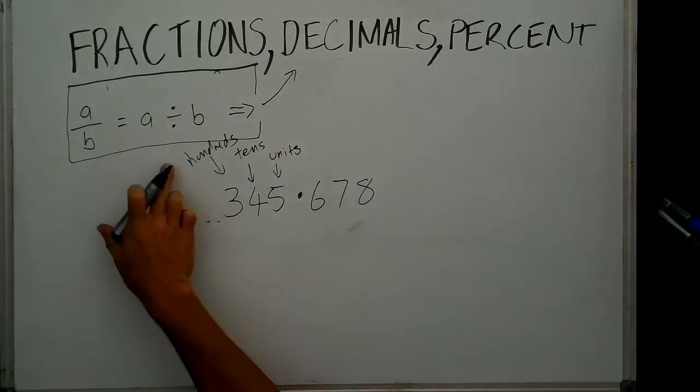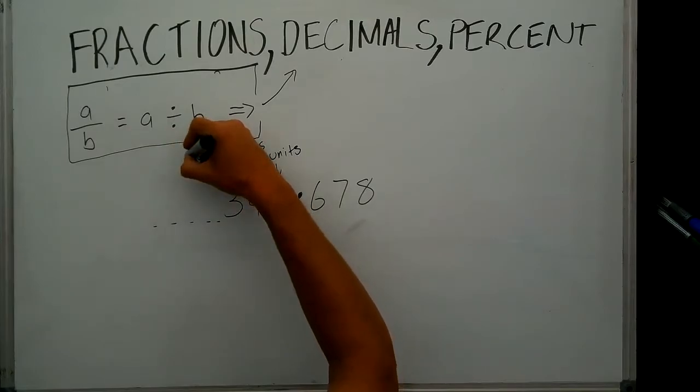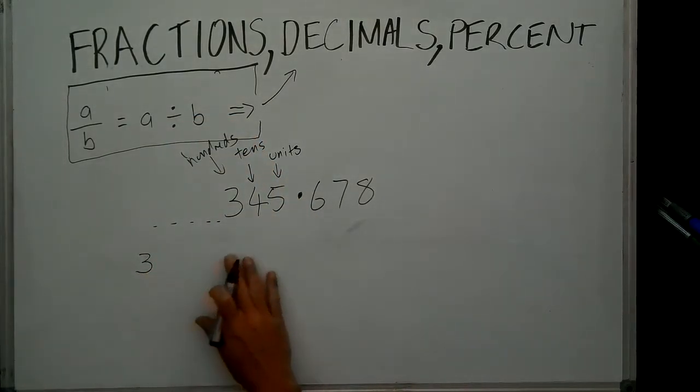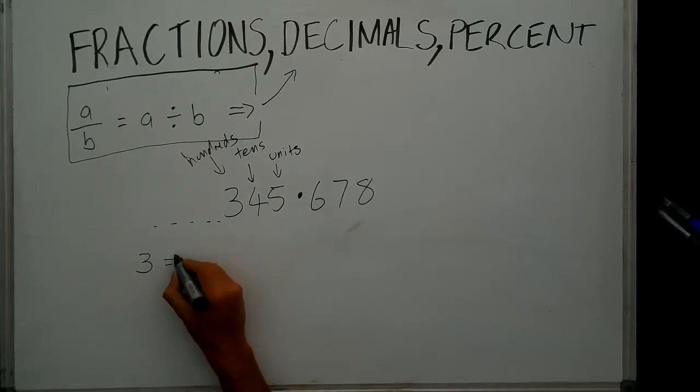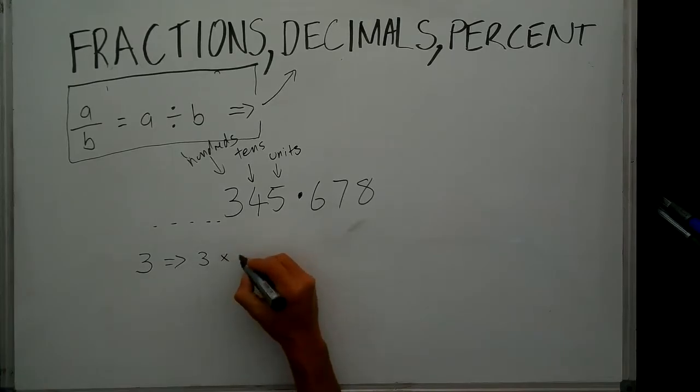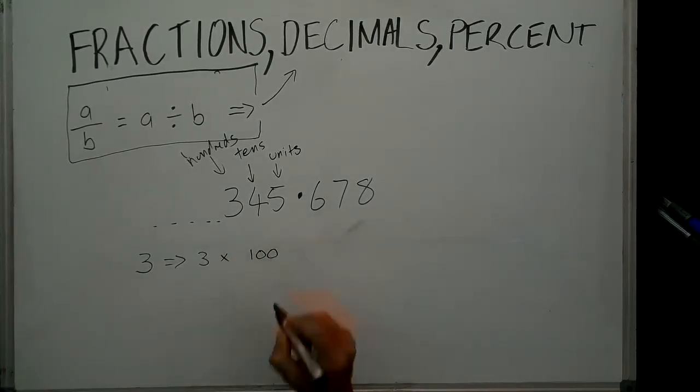So essentially what that means is the 3 actually represents, in this number, 3 times 100.